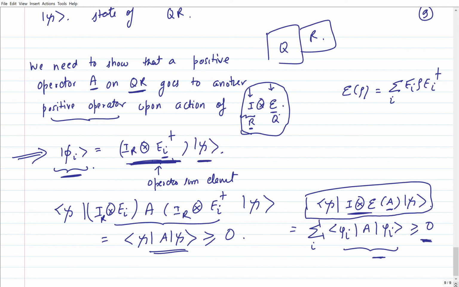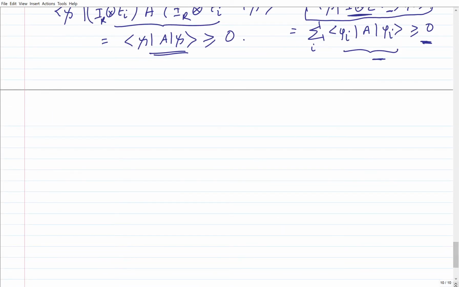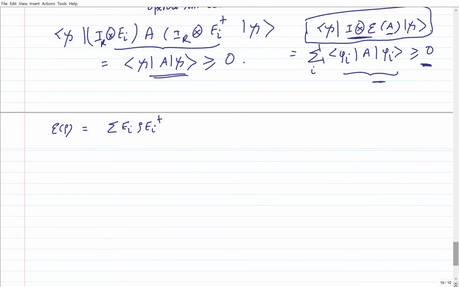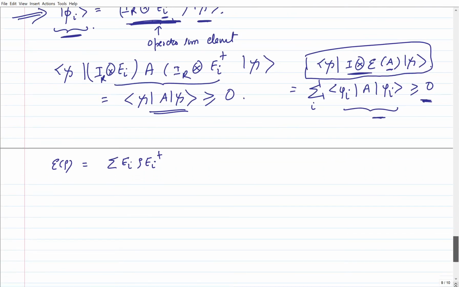Okay, so now how do we prove the converse? Right now we have proved that given a quantum operation, this leads to my three axioms.